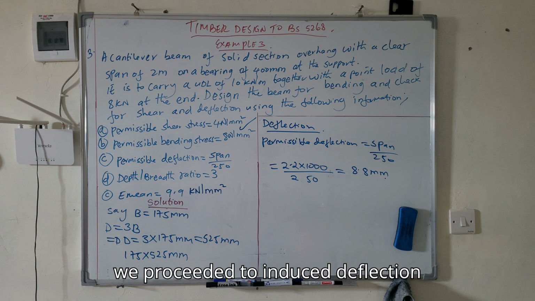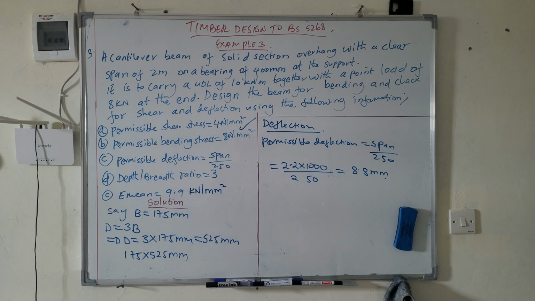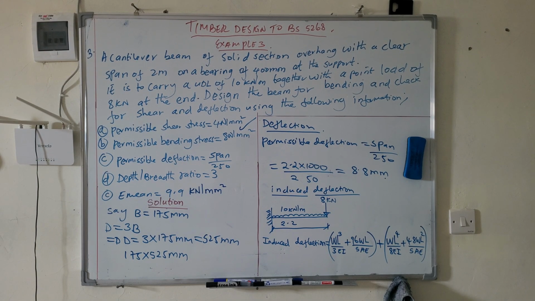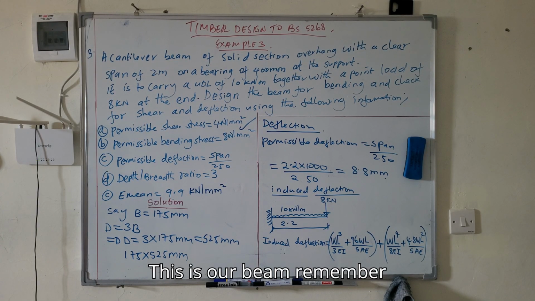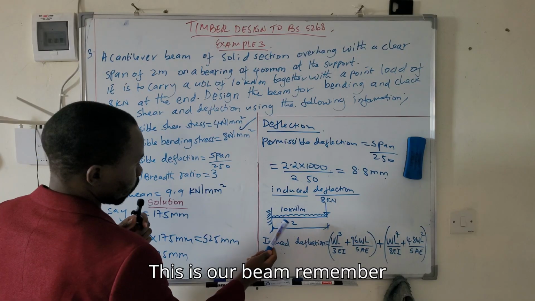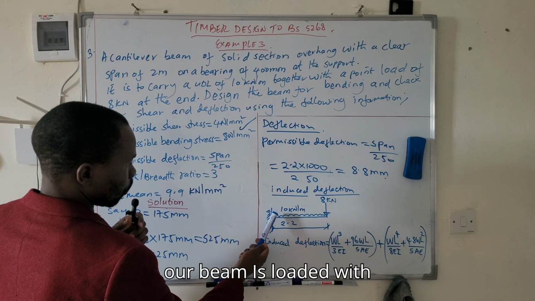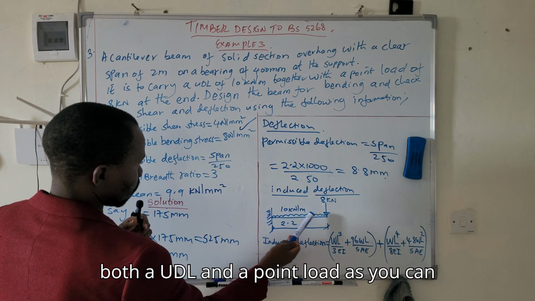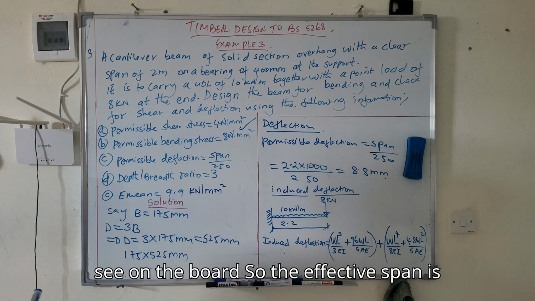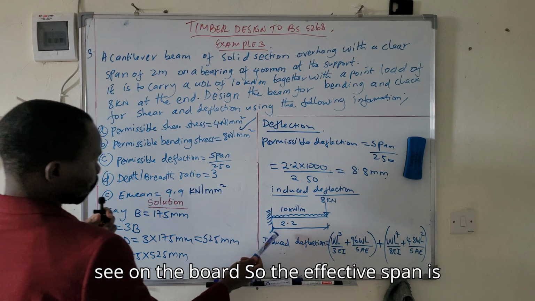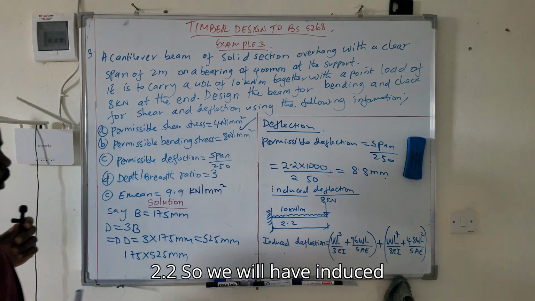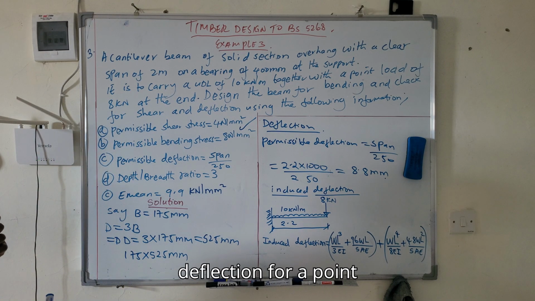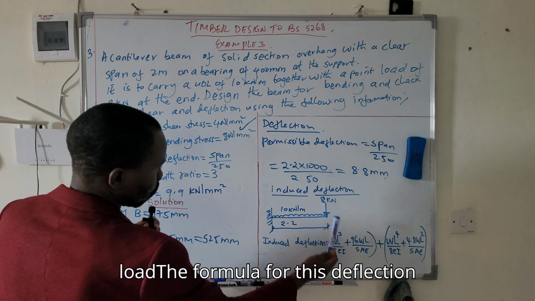So we proceed to induced deflection. Under induced deflection, this is our beam. Remember, our beam is loaded with both a UDL and a point load, as you can see on the board. So the effective span is 2.2. So we will have induced deflection for a point load.